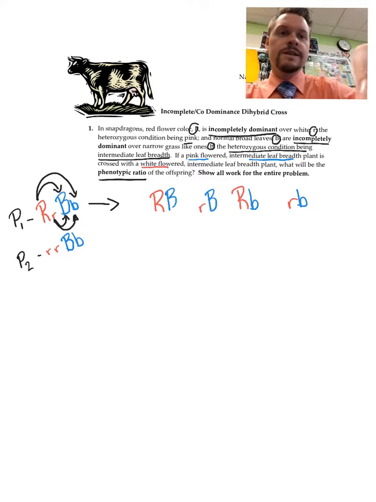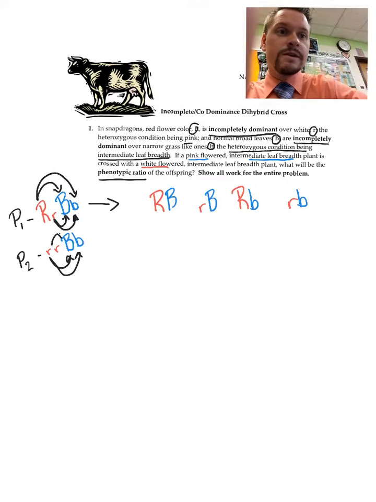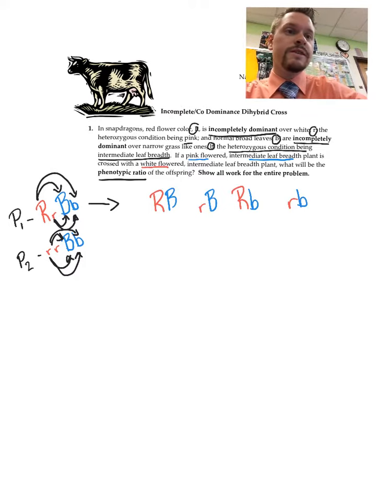This one, our next combination, again, we do this FOIL. So you go first, outer, inner, last. And if you want to write them in that order as you go, that's fine too. So you have little r with a big B. Let me redo that.